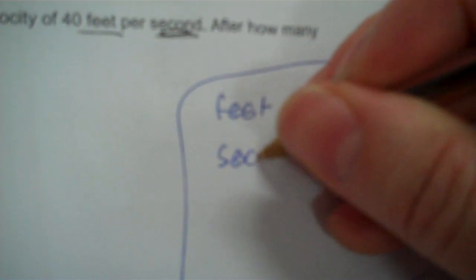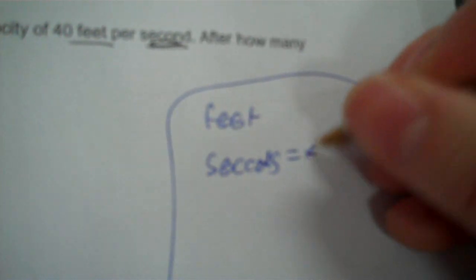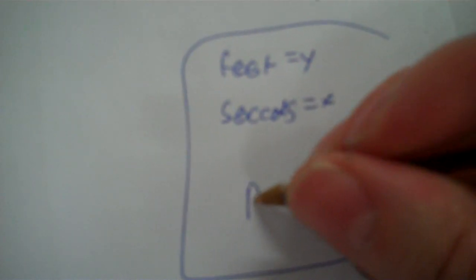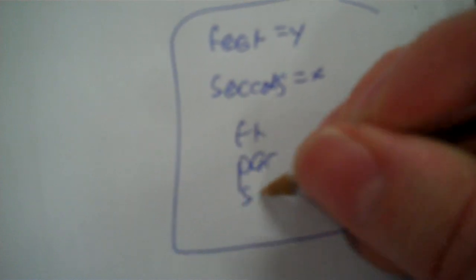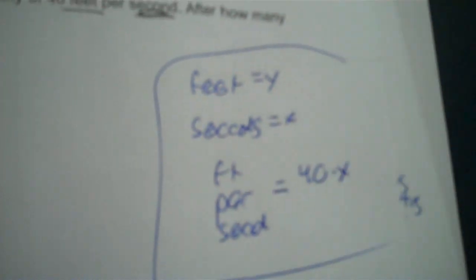Okay, last problem. A soccer ball is kicked off the ground with a velocity of 40 feet per second. How many seconds will it take to land on the ground? So we are finding the seconds. That's what we're solving for. So we have feet and seconds. Seconds is x, feet is y. So feet per second is 40, 40 times x.